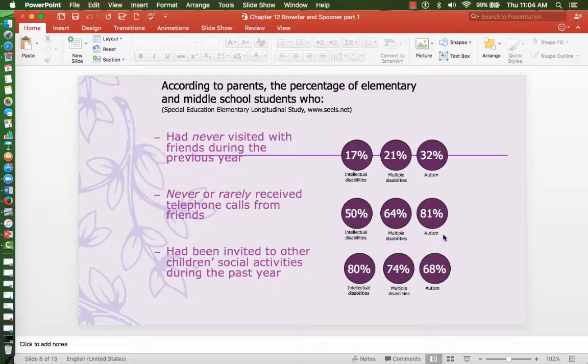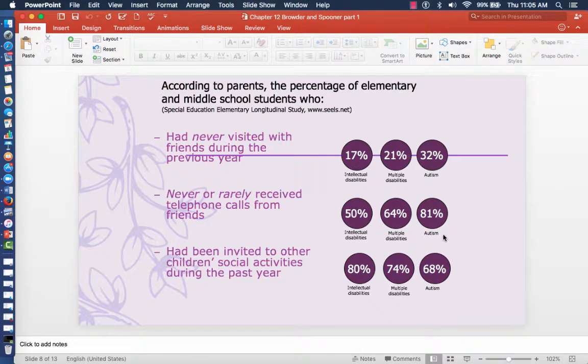Students with severe disabilities who had never visited with friends during the previous year. They'd never been invited to their home. 17% with intellectual disabilities. Now that's not bad, okay? 21% multiple disabilities. And remember, multiple disabilities does not mean they just have more than one disability.